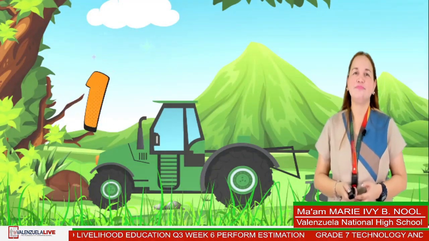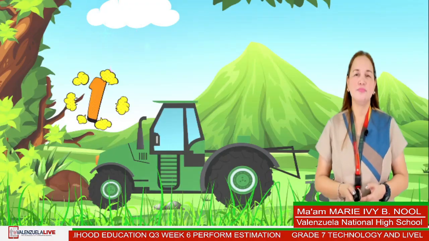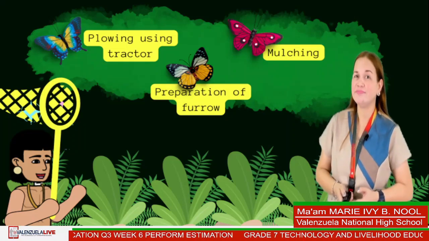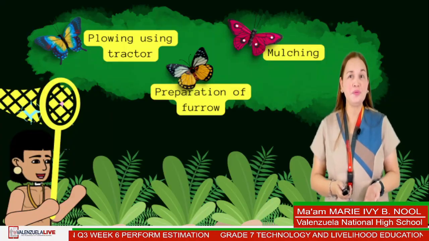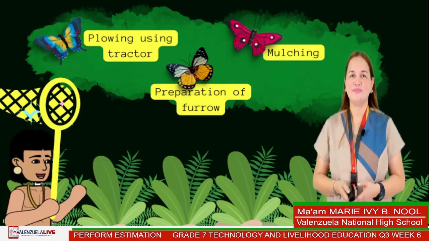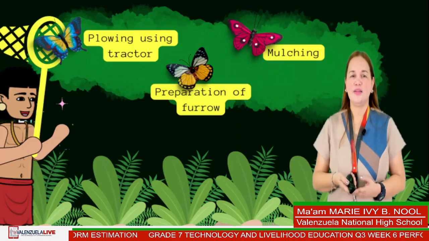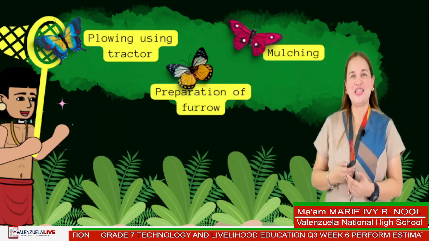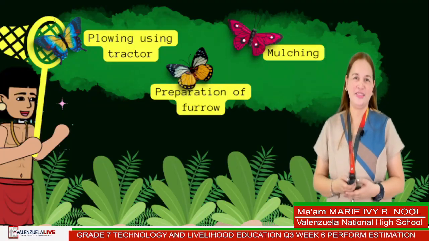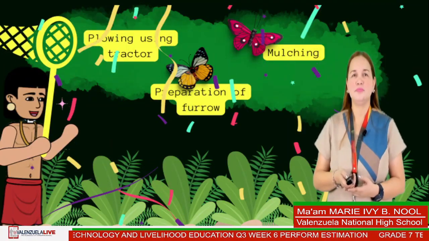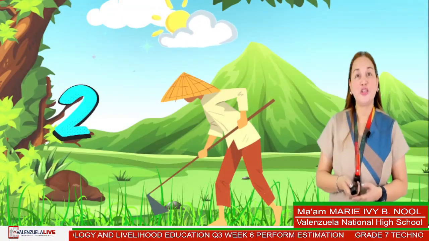Number 1. Is it plowing using tractor, preparation of furrow, or mulching? The answer is plowing using tractor. Very good. Picture number 2.